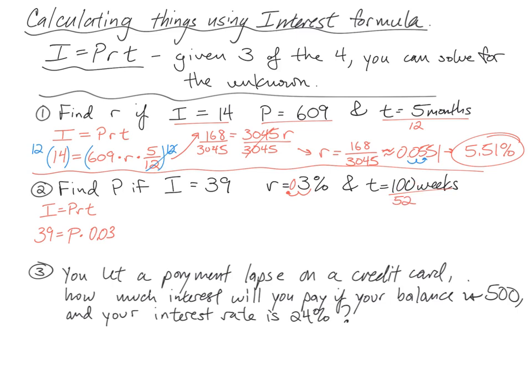So the time here will be times 25 over 13. Now we ran into a fraction like this back in the last example. All we have to do to get rid of it is multiply both sides by 13.